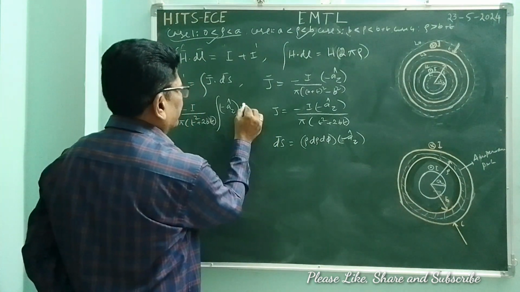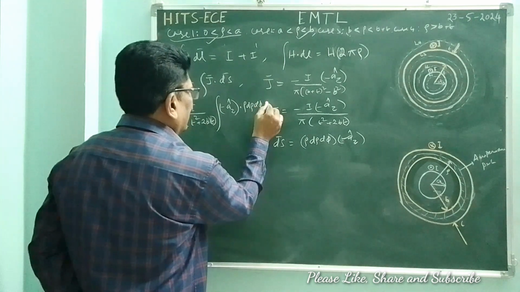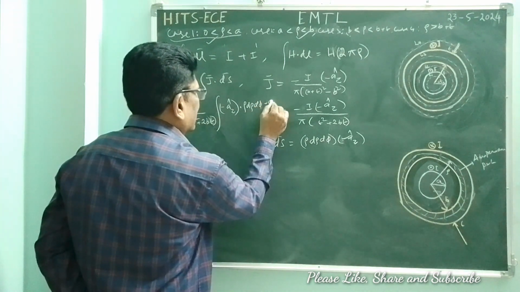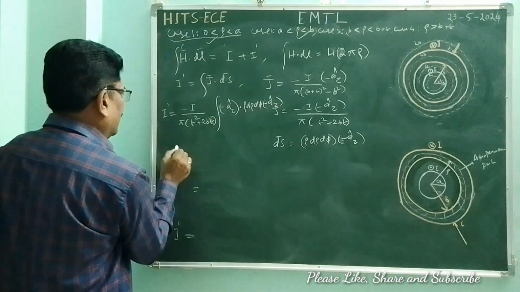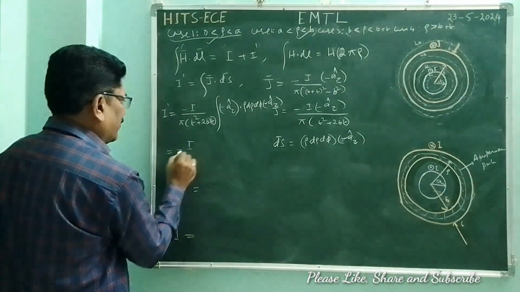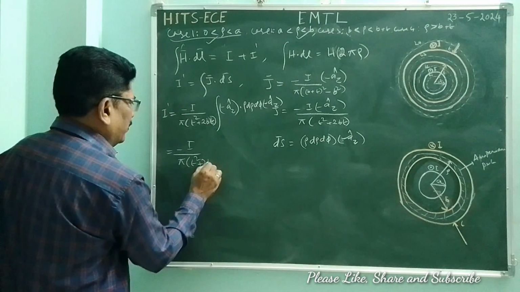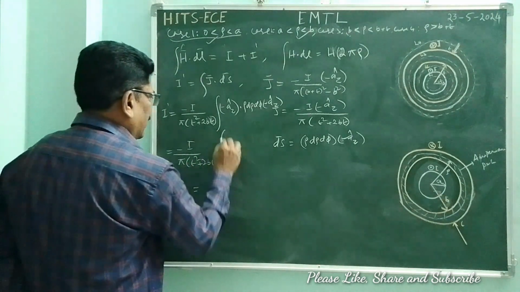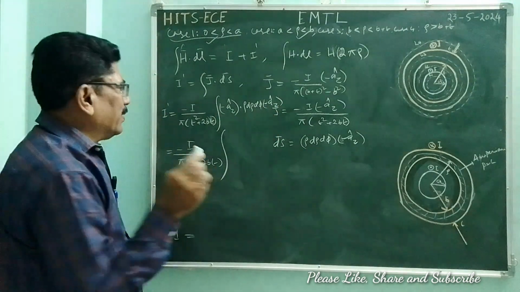Rho into d rho into d phi into minus az cap. Finally, I dash equal to minus I by pi into t square plus 2bt integral, this minus az cap dot minus az cap is equal to 1.